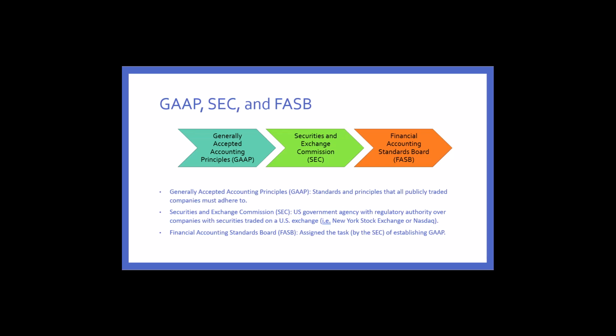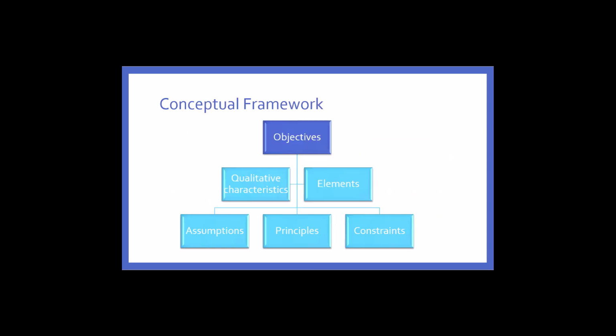However, the SEC has assigned the responsibility for establishing GAAP to the FASB, meaning that any of the standards issued by the FASB are enforceable. And that is what companies who are required to report to the SEC absolutely must follow in order to meet regulatory compliance standards.